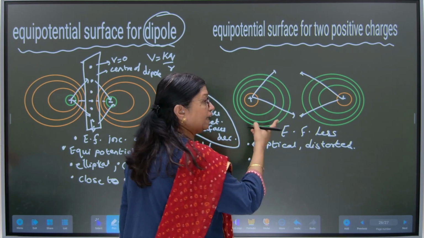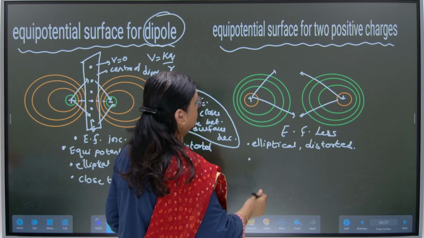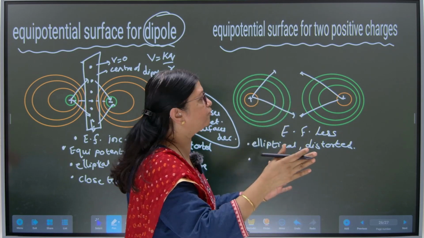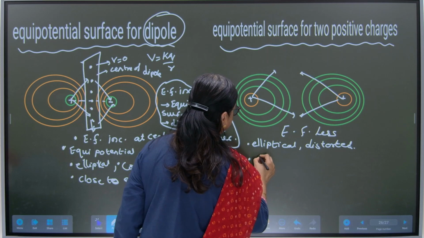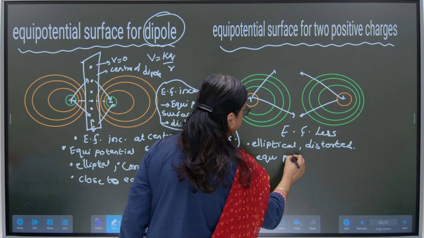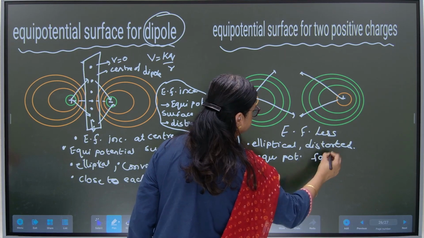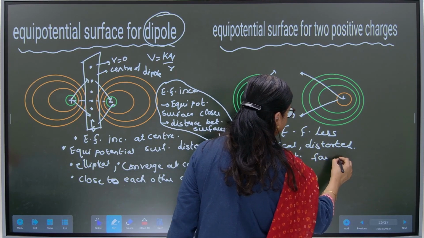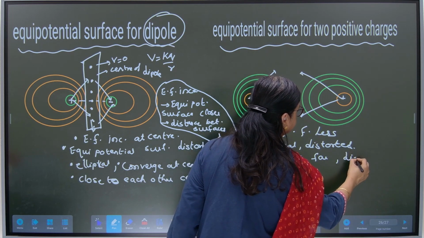But you can see that the field lines are far from each other. Potential surfaces are far from each other. So equipotential surfaces far, so distance more.